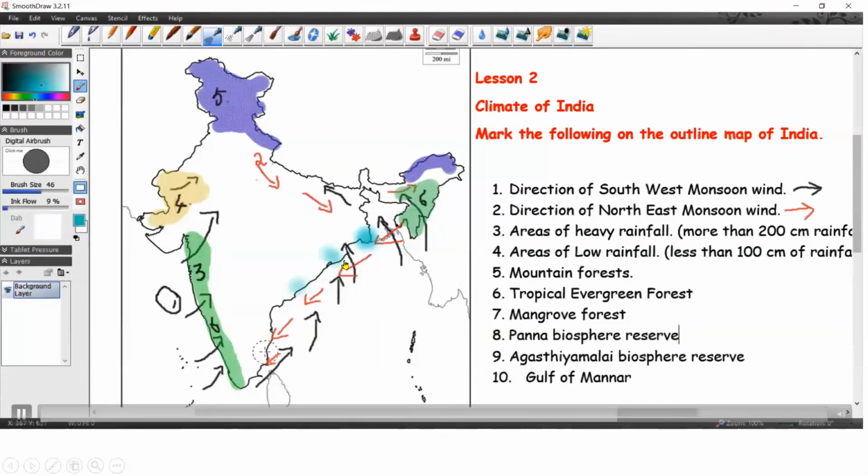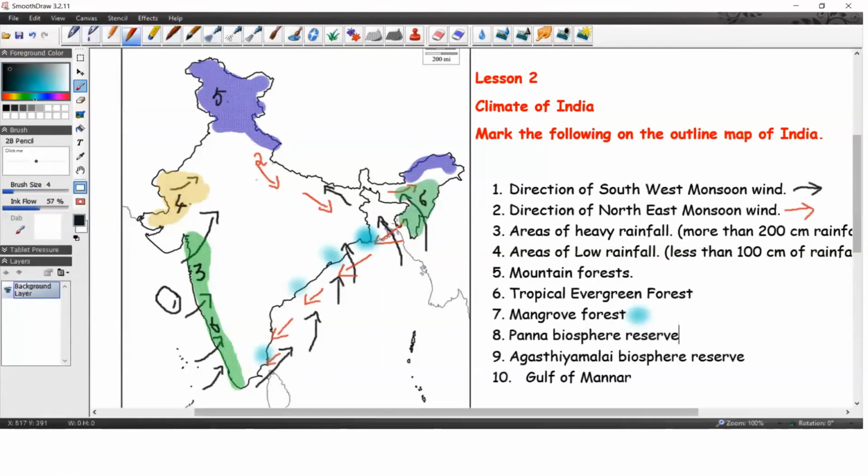So in India, the tidal forests are mostly found in the Ganga Brahmaputra Delta, Mahanadi Delta, Godavari Delta, and Kaveri Delta.